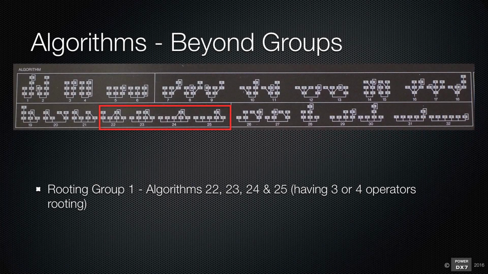The fifth one is routing group 1, which includes algorithms 22, 23, 24, and 25. They all have 3 or 4 operators routing.